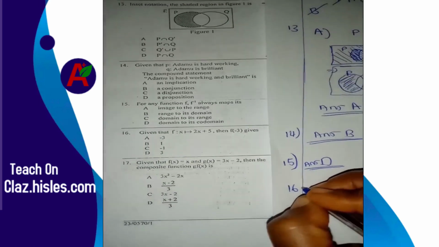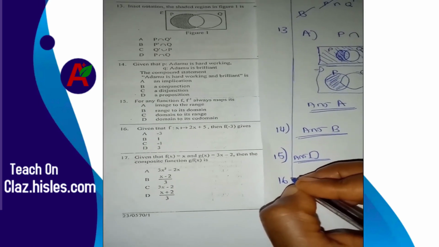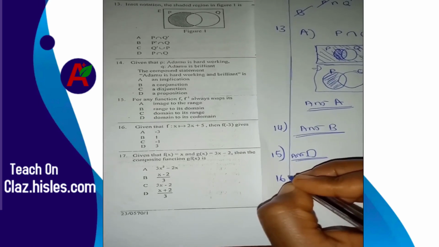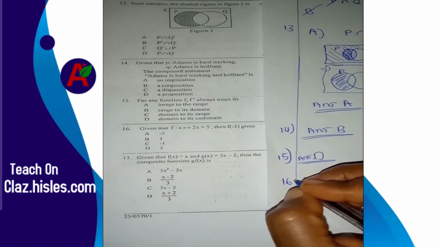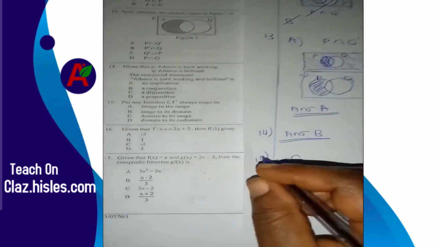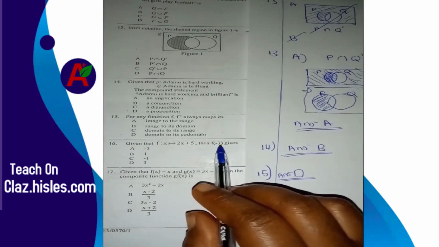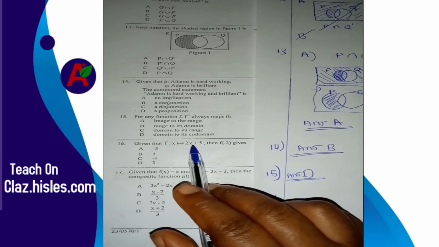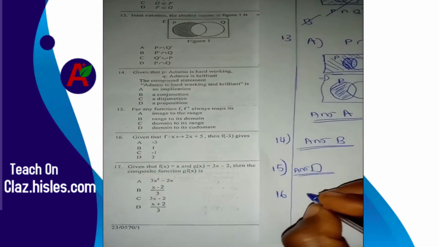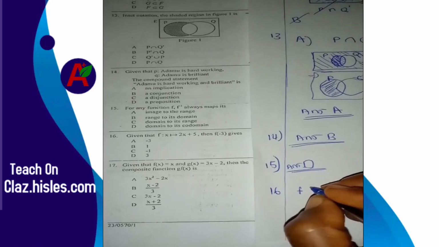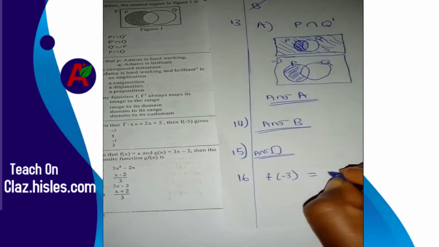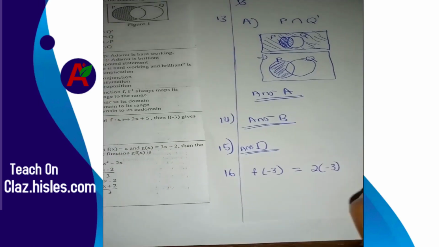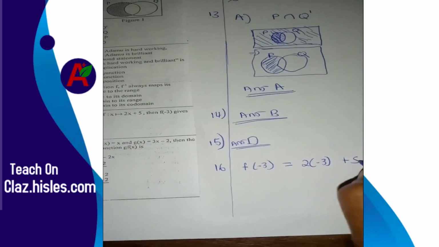Question 16. Given that f of x maps to 2x plus 5, then f of negative 3 is, well, since we have f of negative 3, we substitute negative 3 wherever we see x in our function. So f of negative 3 will give us 2 times negative 3 plus 5.